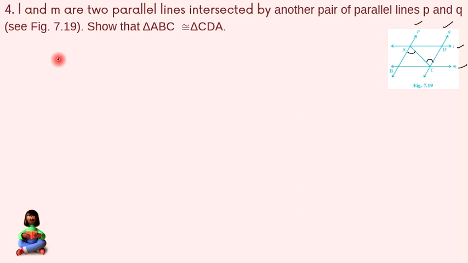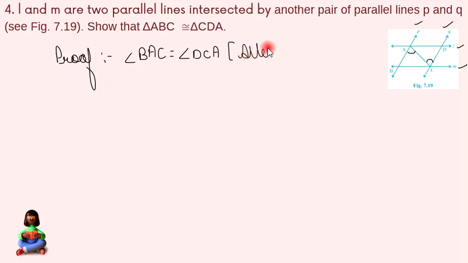See, let's write the proof together. See here, angle BAC is equal to angle DCA, as they are alternate interior angles.